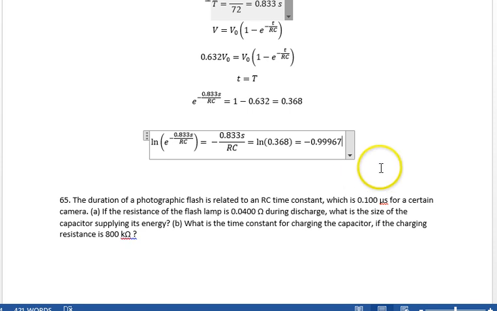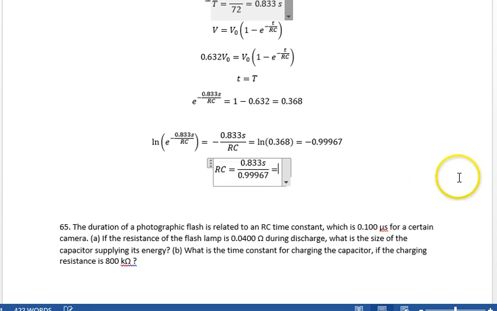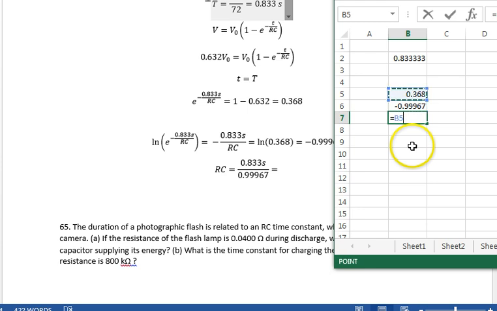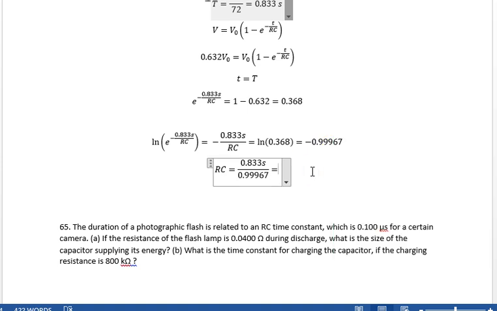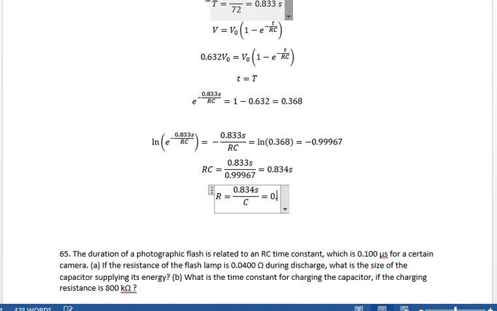Okay, so that means RC equals, the minus signs divide out, 0.833 seconds divided by 0.99967, which is going to end up being 0.834 seconds. All right. Resistance then is 0.834 seconds divided by the capacitance.